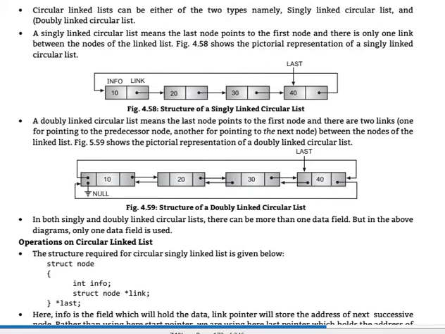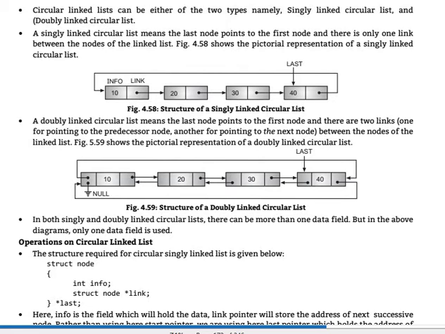Next, a circular linked list can be of 2 types, namely singly linked circular list and doubly linked circular list. A singly linked circular list means the last node points to the first node and there is only one link between the nodes of the linked list, as shown in the below figure.